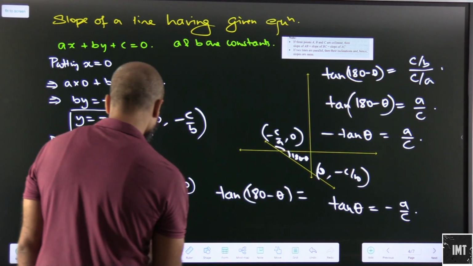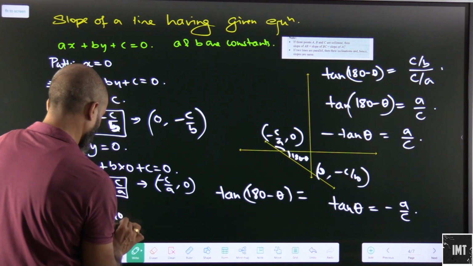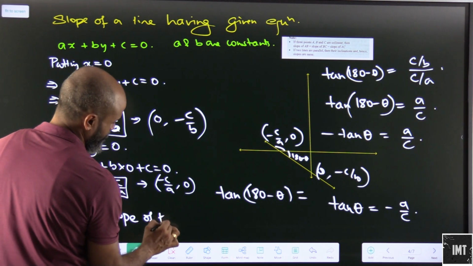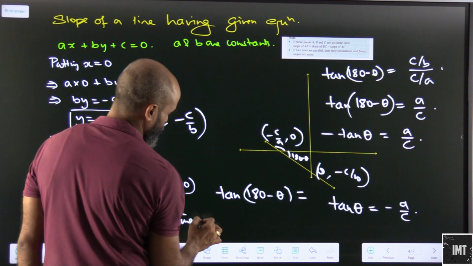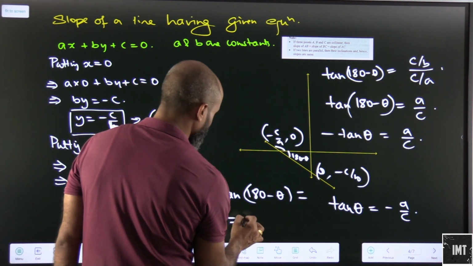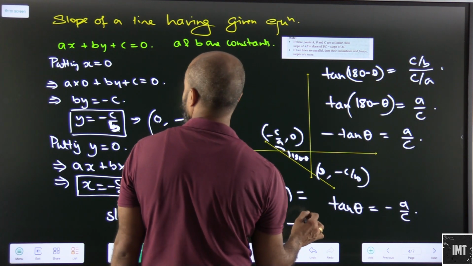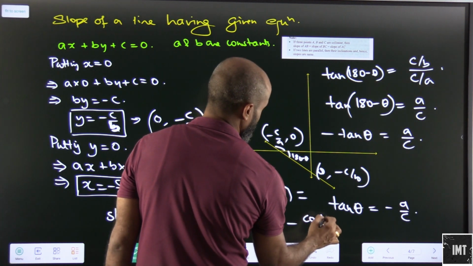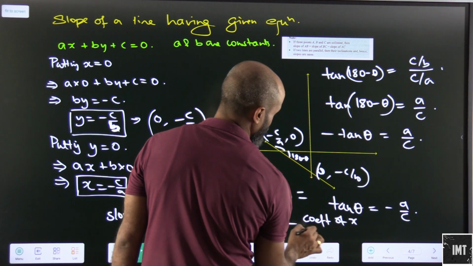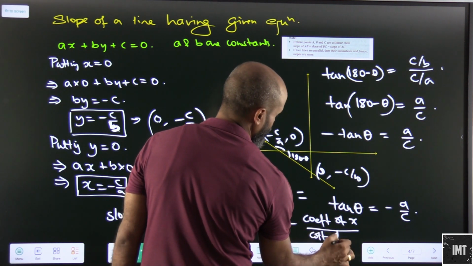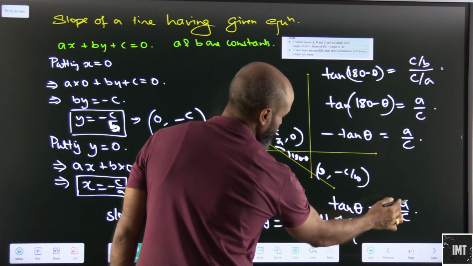So we can say that the slope of the line will be equal to m is equal to tan theta is equal to minus coefficient of x upon coefficient of y.